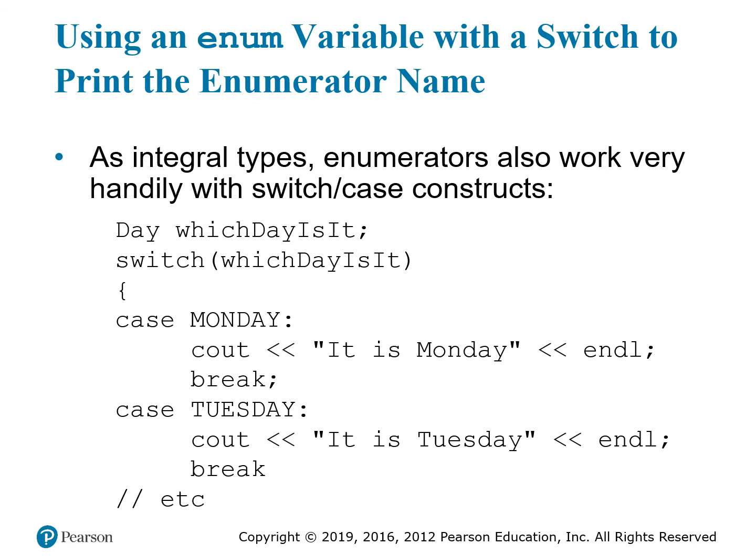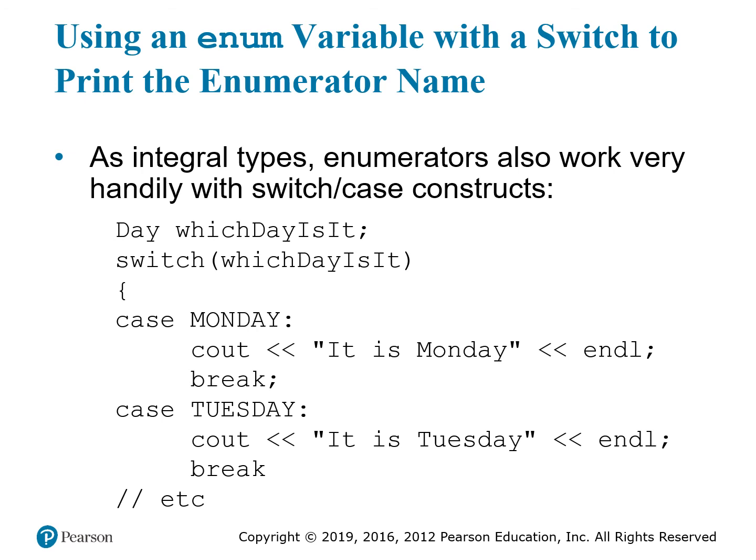Okay, now I mentioned that if you cout a day variable, it's going to give you 0, 1, 2, 3. It's not going to give you the name of the day. A really easy way to handle that is that because an enum variable is an integral type, enumerators work really handily with switch case constructs.